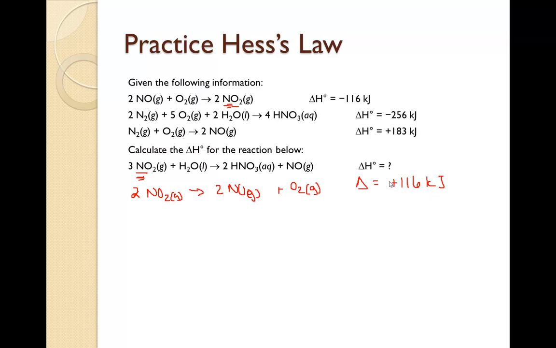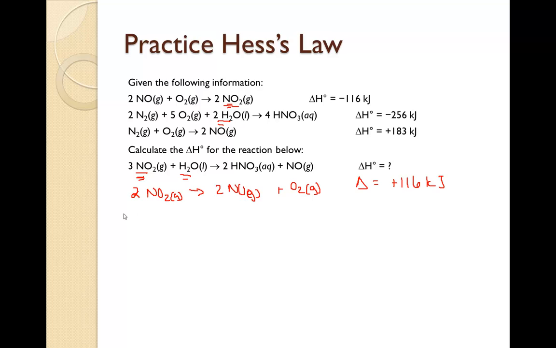Alright, let's move on. H2O. Look for everything that has H2O in it, and you'll find it right here. It's on the left here, and it's on the left as well here.